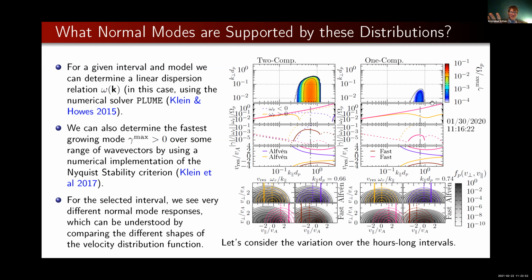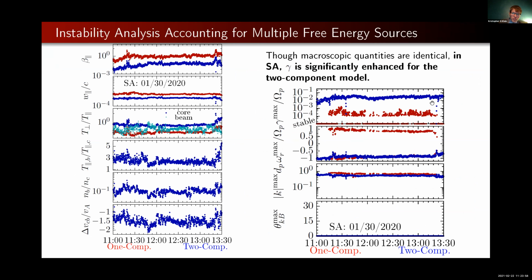So this is a single 30-second measurement of the data. We can redo this for the entire hours that we have these good measurements for. And this top plot right here is showing what the growth rate is as a function of time during this first interval. And we see again that we have a very strong mode that's actually being generated during that entire interval.